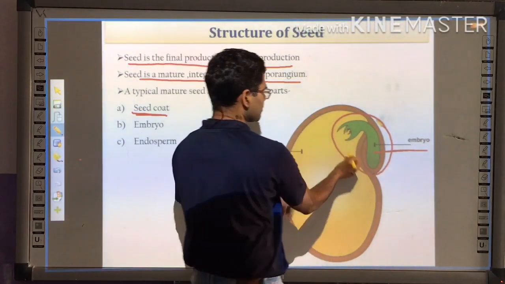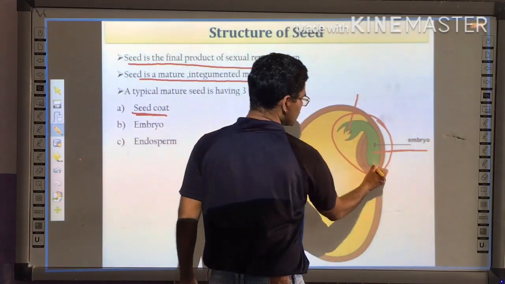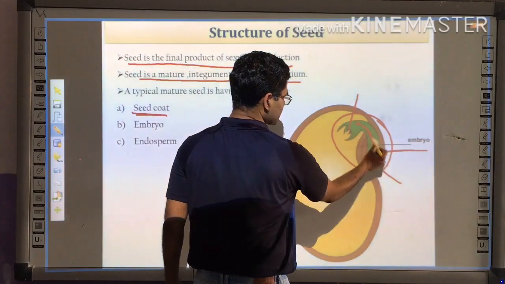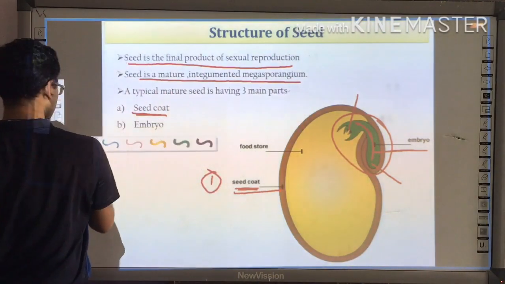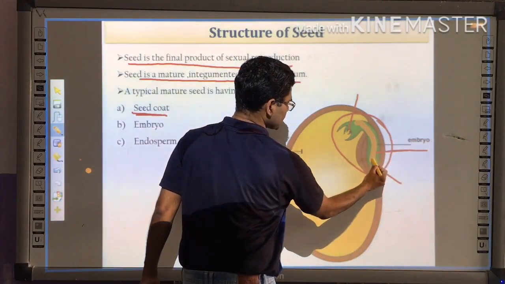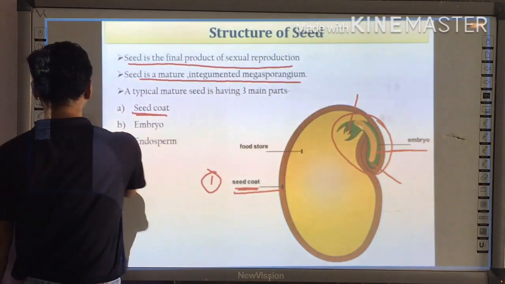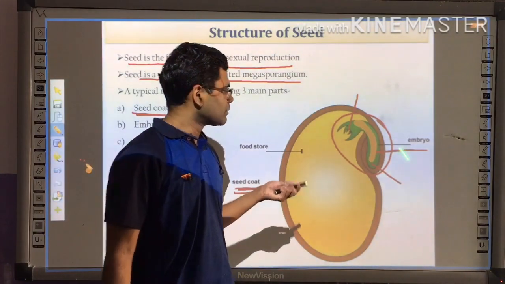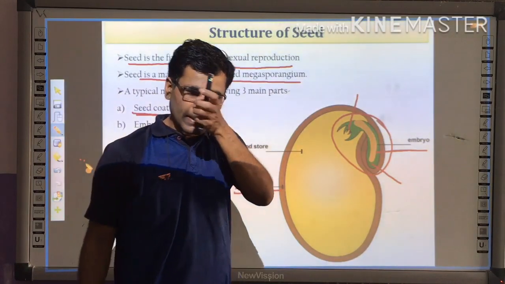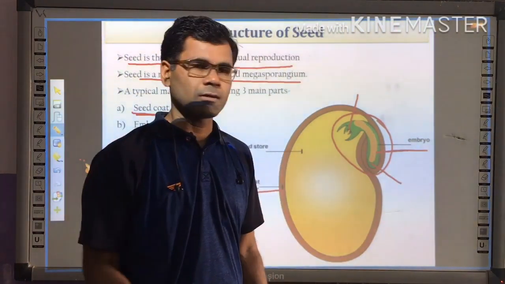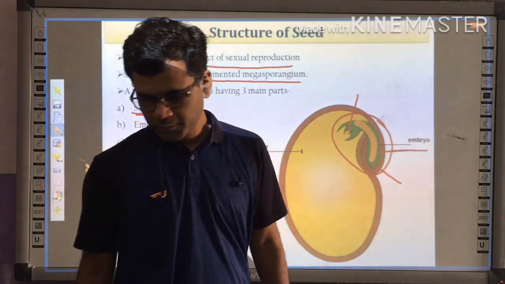So this is the plumule, this is the radicle, and from here to here is the embryonal axis. So this is the embryo, which later on forms the new plant.